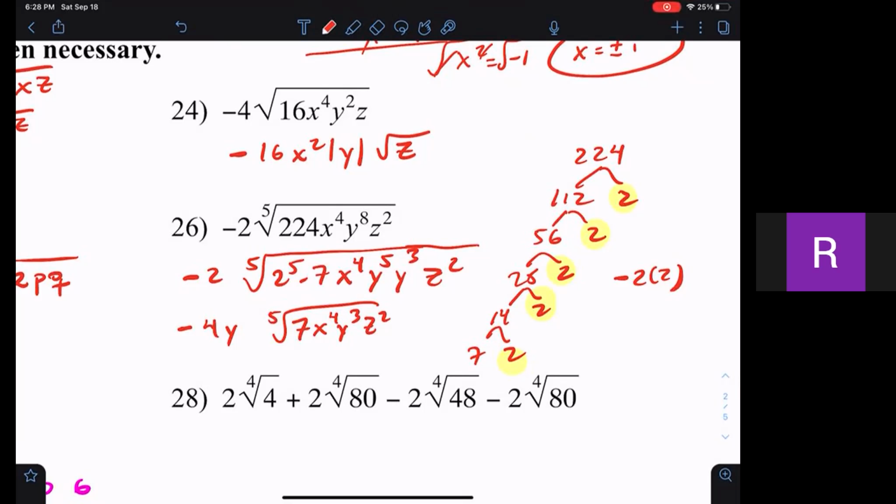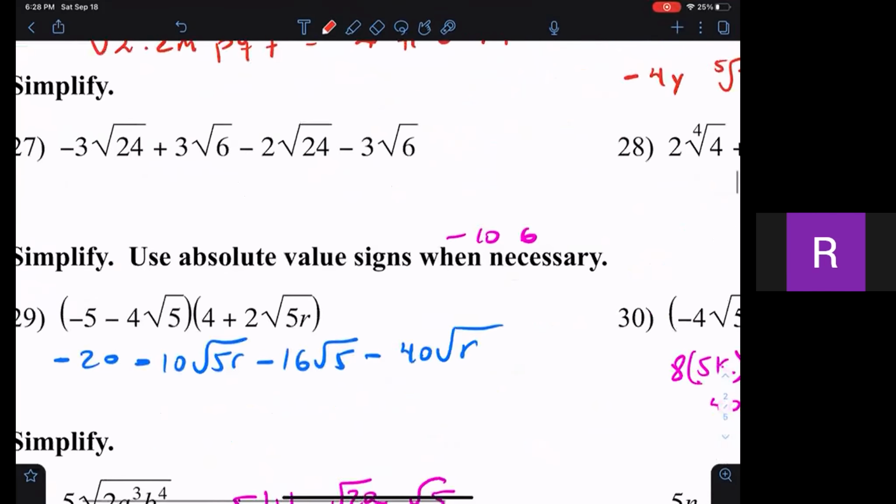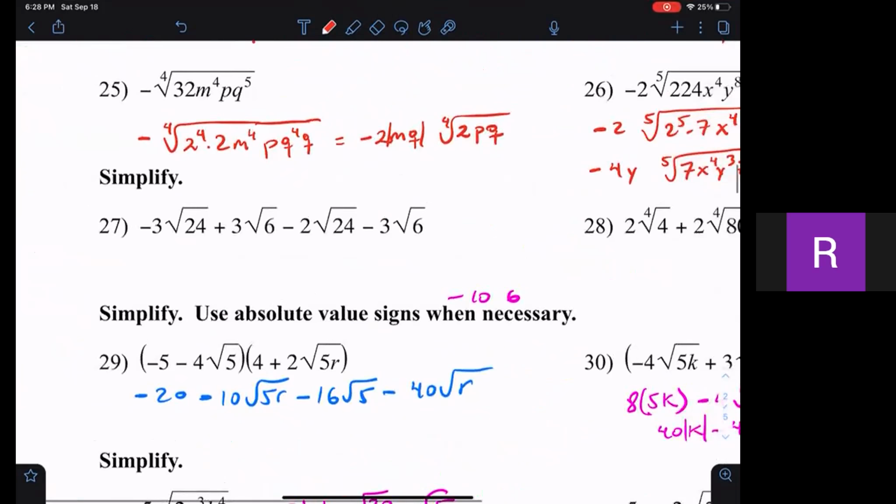So that's 26. 26 is 84y, 5th root of 7x to the 4, y cubed, c squared. That's correct. Next. Now they want you to simplify, right?